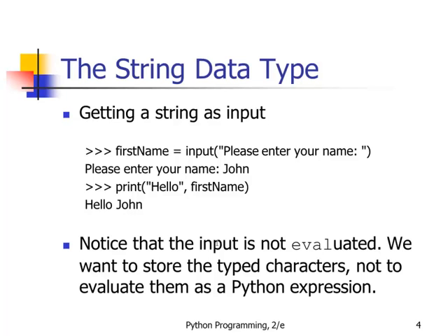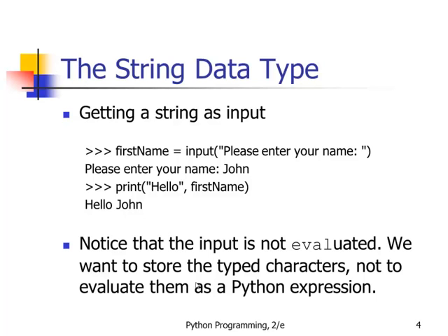And they can enter John, and then we can print it out saying hello, first name, hello John. Notice that the input is not evaluated. We want to store the typed characters, not evaluate them as a Python expression. So in this case, we're not evaluating them, we're just receiving their input.